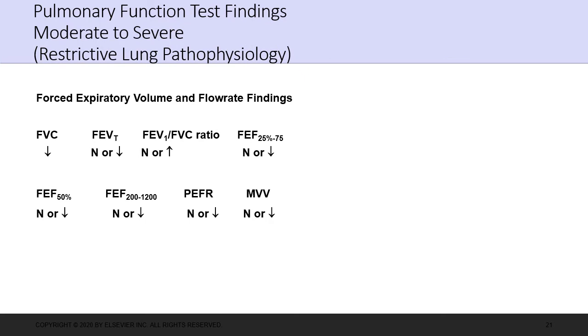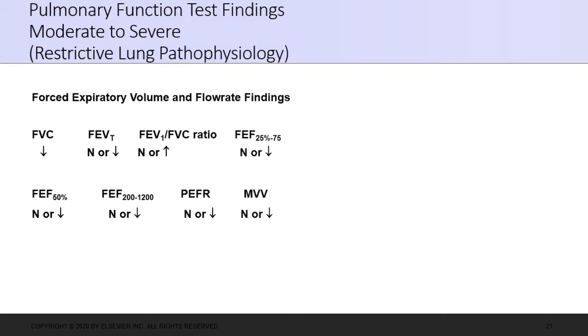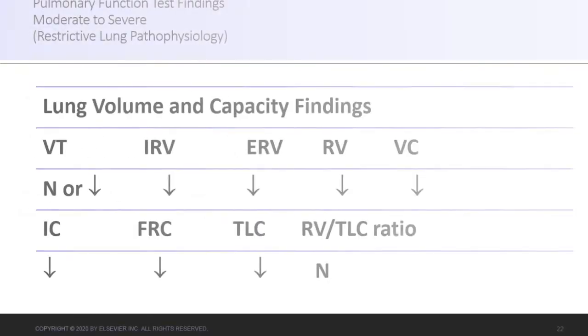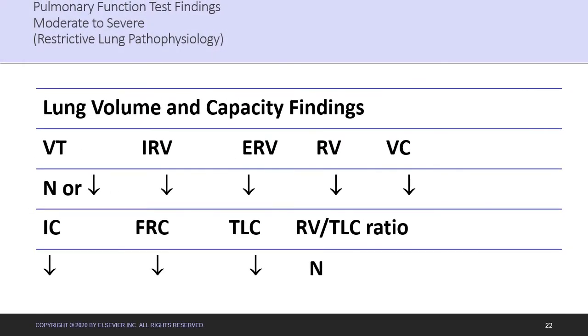The pulmonary function test findings, if you have them, are a restrictive lung pathology. The lung volume or capacity findings are also a restrictive lung pathophysiology.